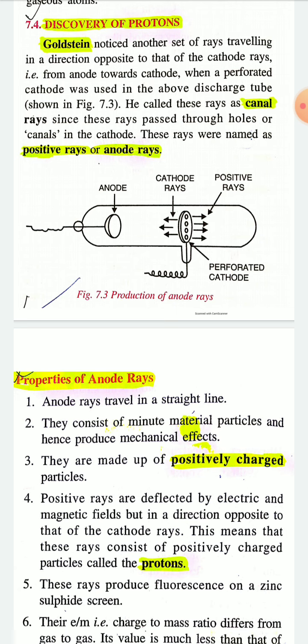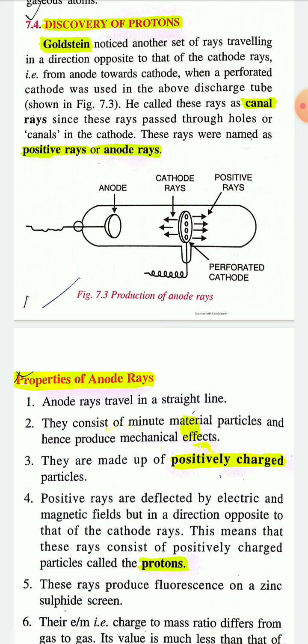He called these rays canal rays, since they passed through holes or canals in the cathode, and these rays were named positive rays or anode rays.